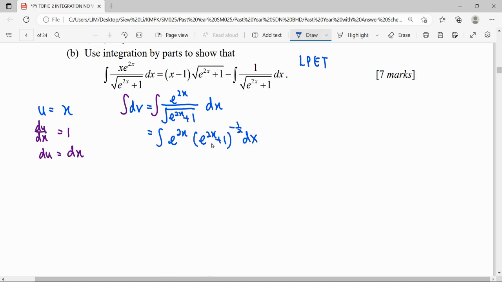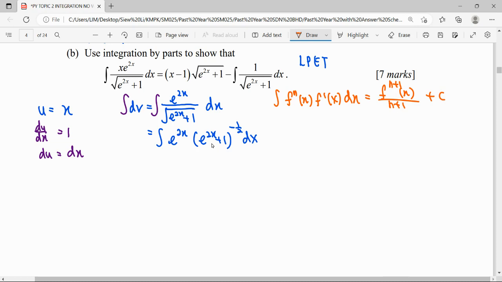Our formula states that if we have an integral of a function to some power, and at the side here is its differential function, we can integrate straightforwardly using the formula, which is power plus 1 over the new power for that whole function.